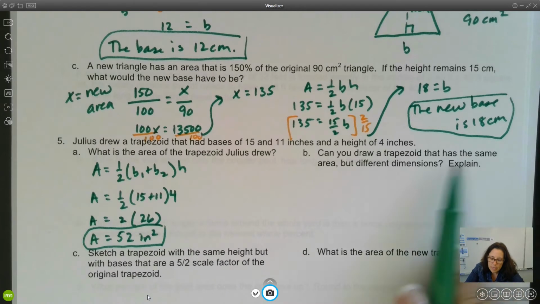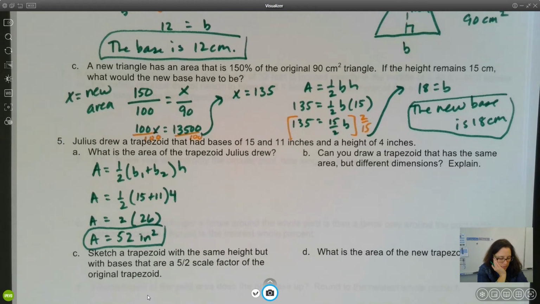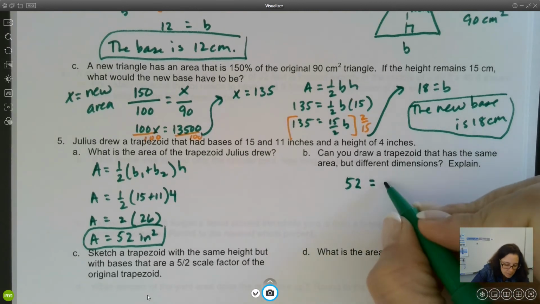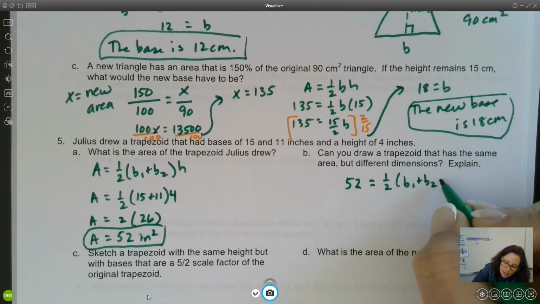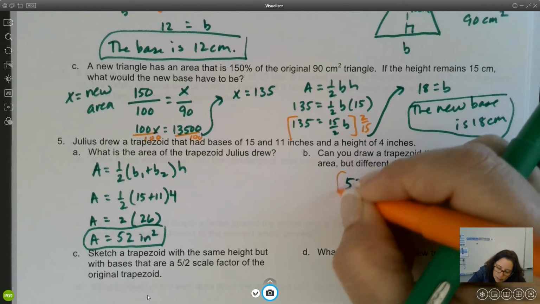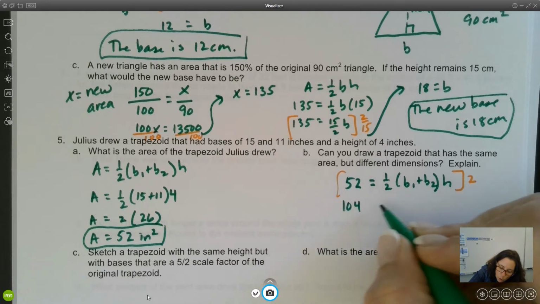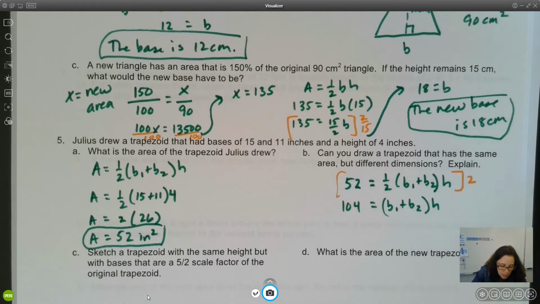Can you draw a trapezoid that has the same area but different dimensions? Okay, let's think about that. So 52 needs to equal 1/2 of the bases added together times the height. Okay, now I'm going to multiply this whole thing by 2 to get rid of the 1/2. So this would be 104 equals B1 plus B2 times the height.